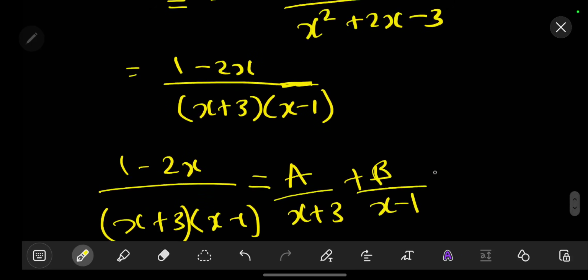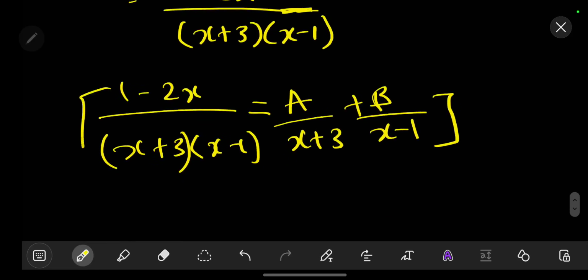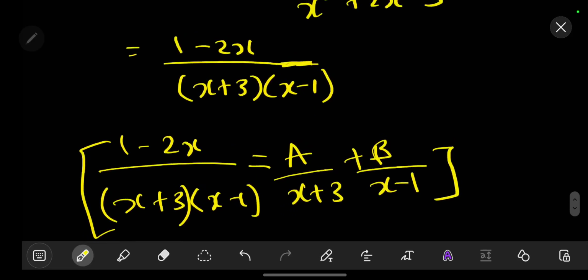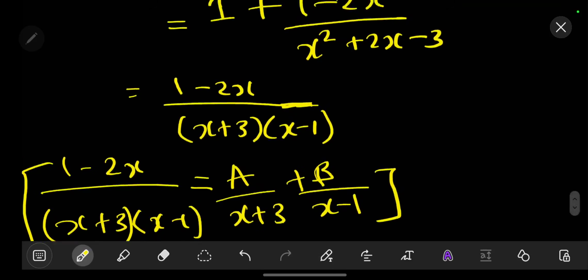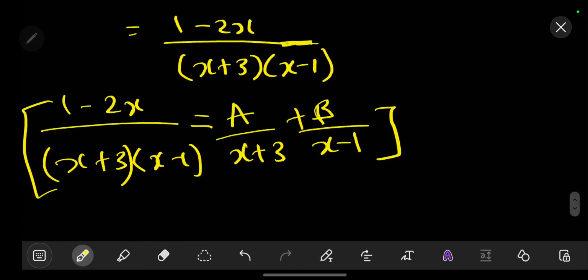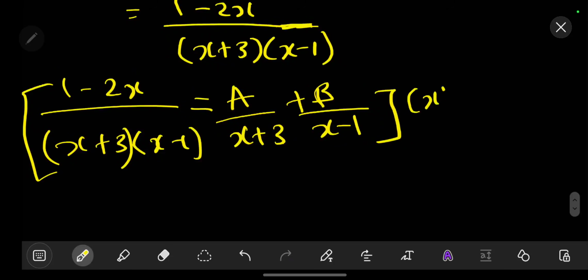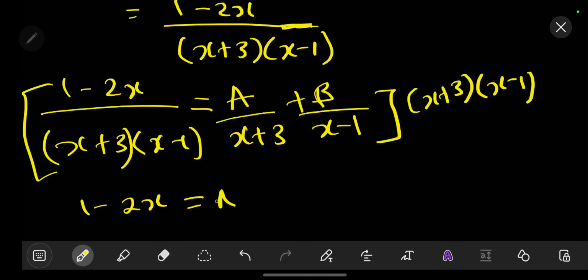Then let this be multiplied by x plus 3 and our x minus 1 like that. So when we do that, we are going to have our 1 minus 2x, because this one and this one will cancel, should be equal to a.